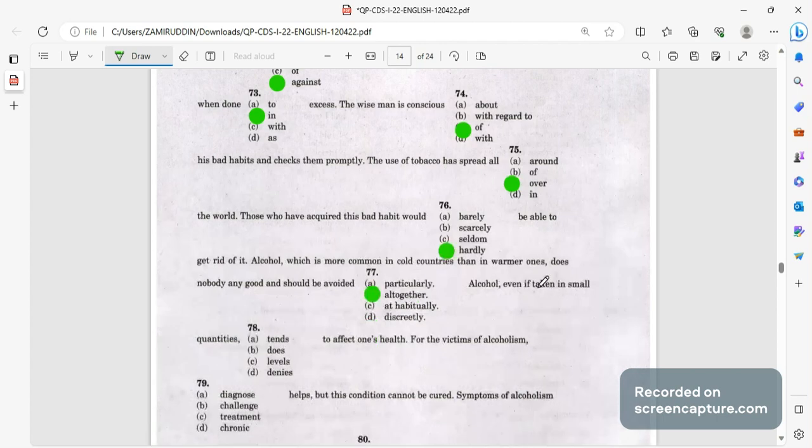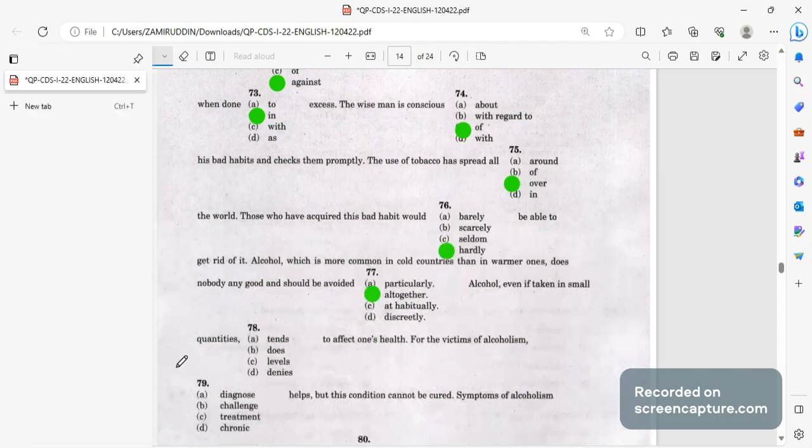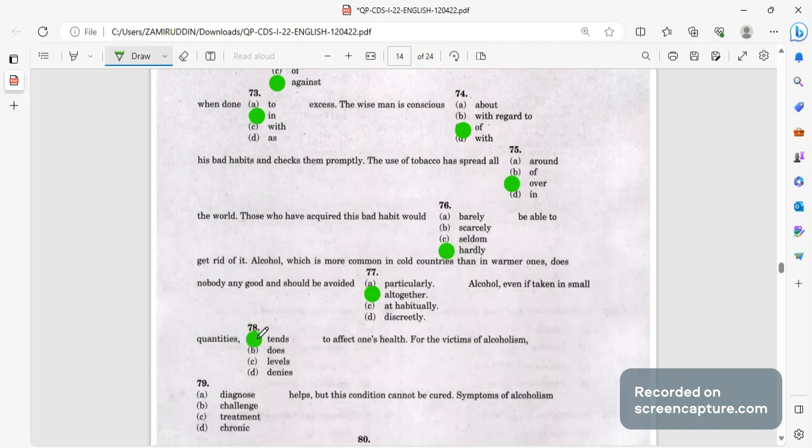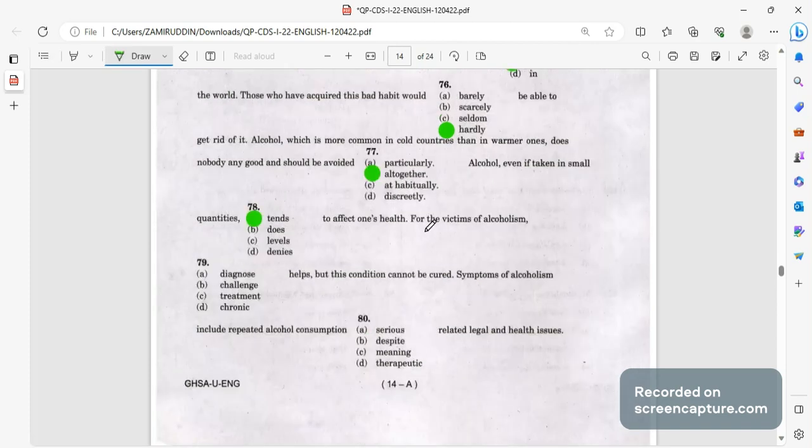Alcohol, even if taken in small quantities, tends to affect one's health. छोटे क्वांटिटी में भी लेने से वो अफेक्ट करता है. For the victims of alcoholism, treatment helps, but this condition cannot be cured. Alcoholism treatment help करता है, but this condition cannot be cured.